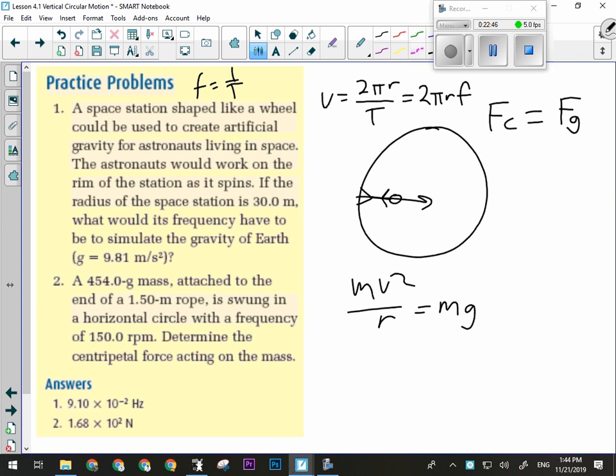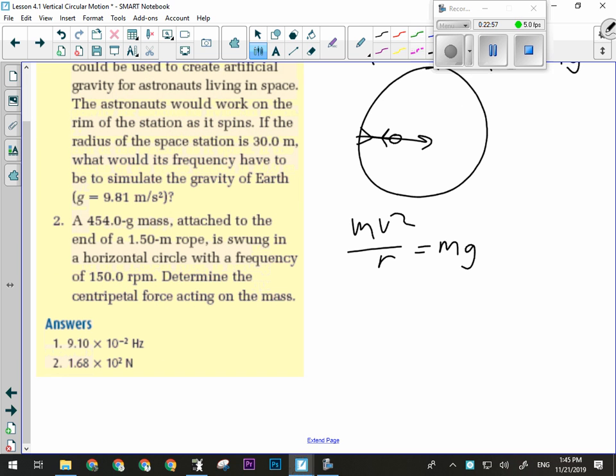All right, can I substitute this in for v in this formula here? I sure can, as long as I do what to everything? Squared. All right, so what that's going to look like then is I'm going to have m times 4 times pi squared times r squared times f squared over r, because this is now m v squared over r.